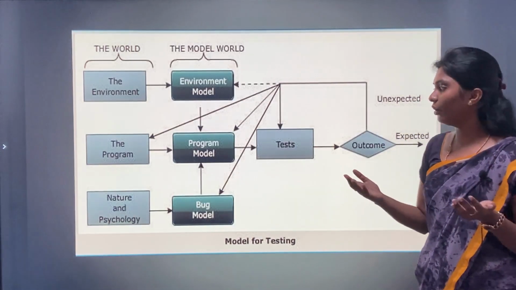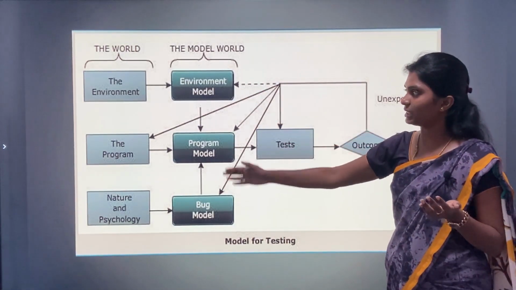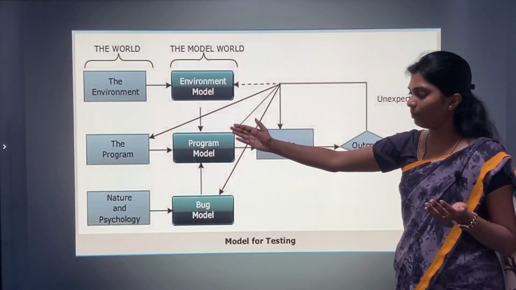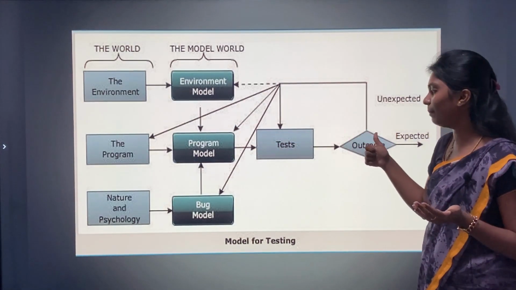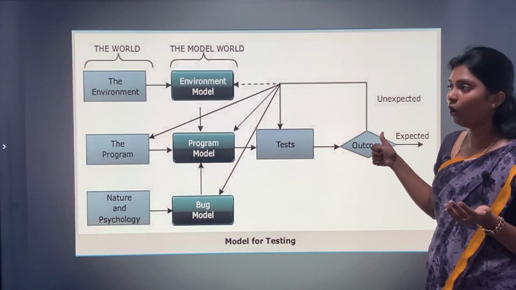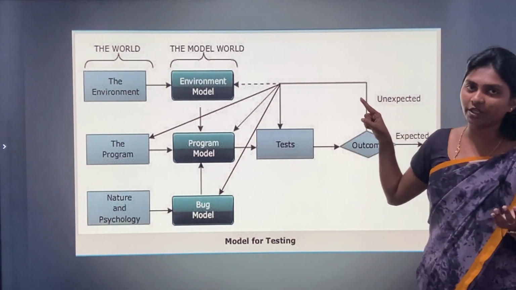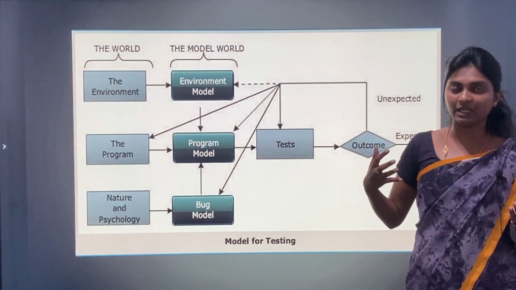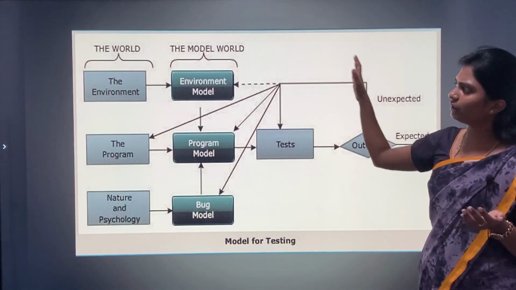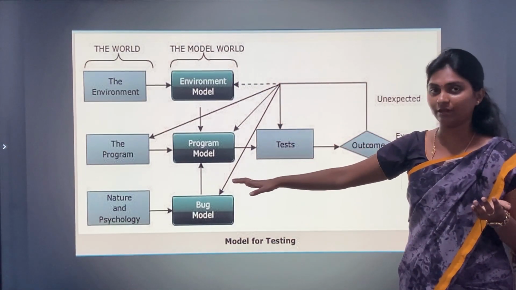So these three phases, the environmental model, program model and bug model, will be connected to the testings to form a particular result or output. If the output is not correct or not modified, or if unwanted data is repeated, it will go to the first state until the bug is rectified.